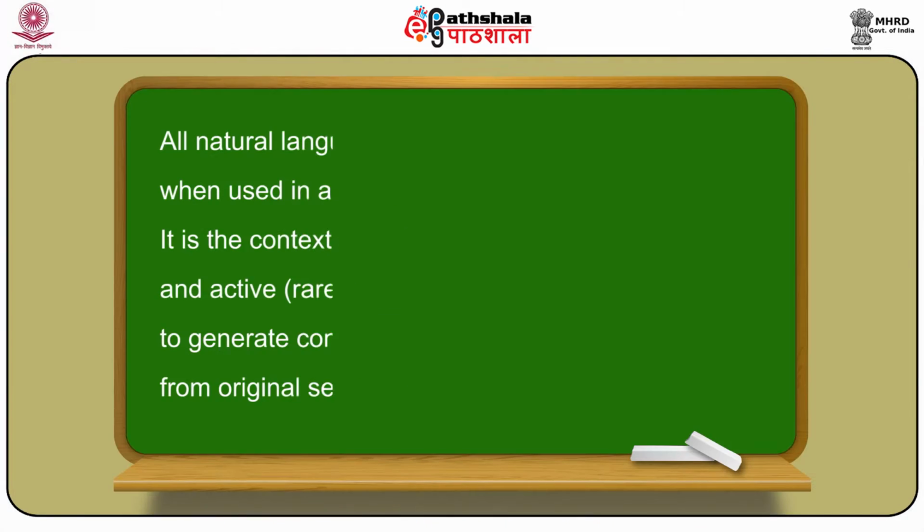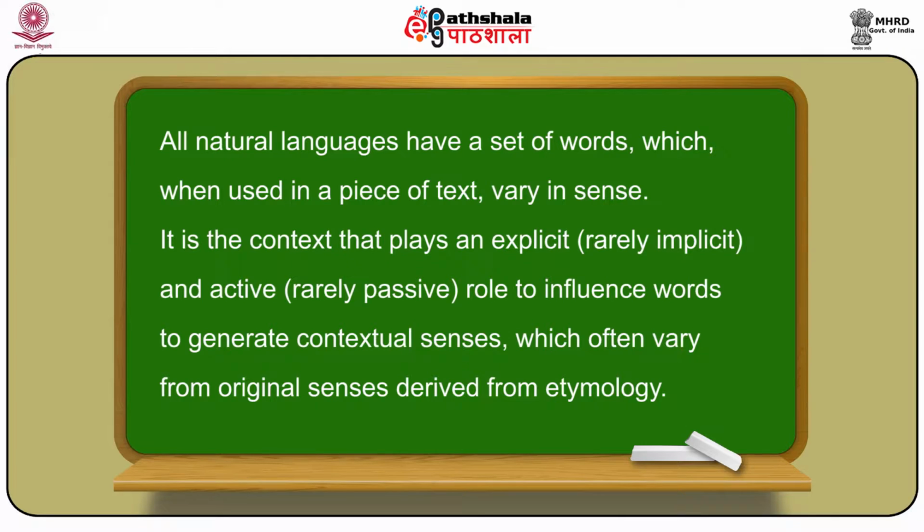So we have to take as given that a word is ambiguous by nature unless and until it is specified otherwise. So a word has two types of senses. One is explicit sense and the other is the nearest active role in influencing the construction of meanings.